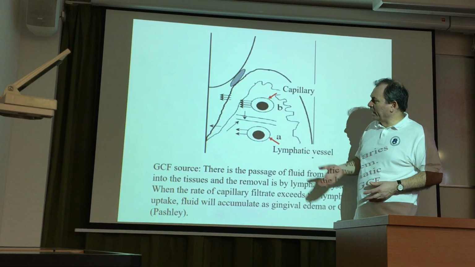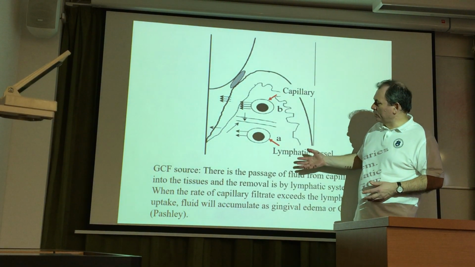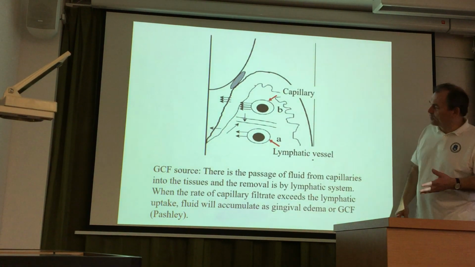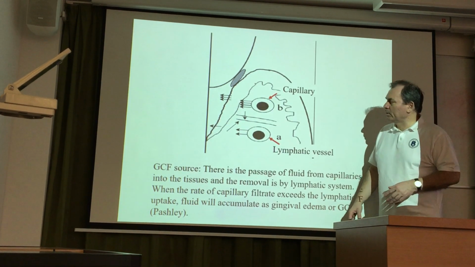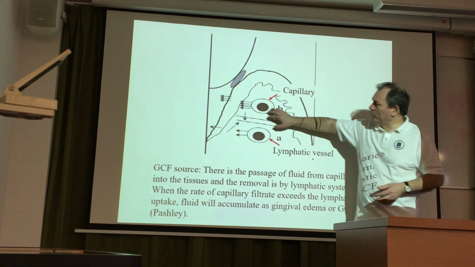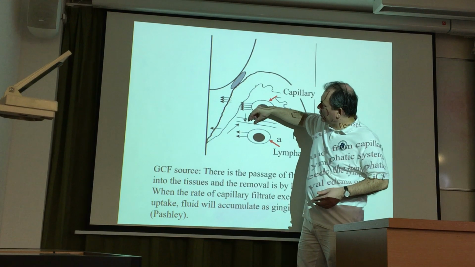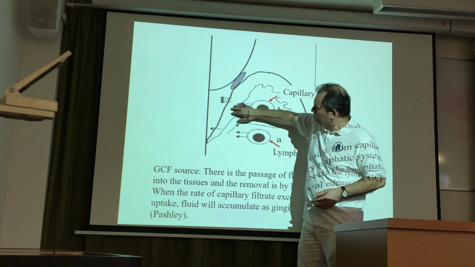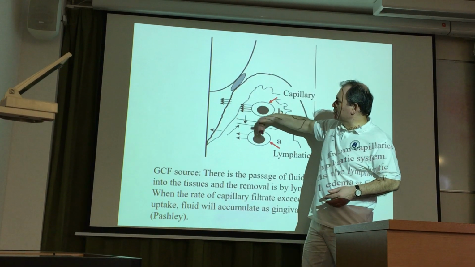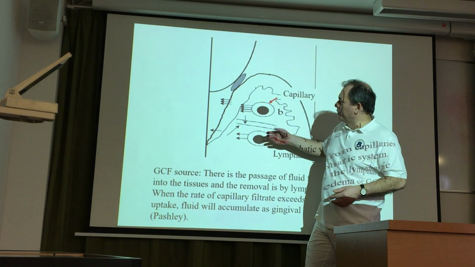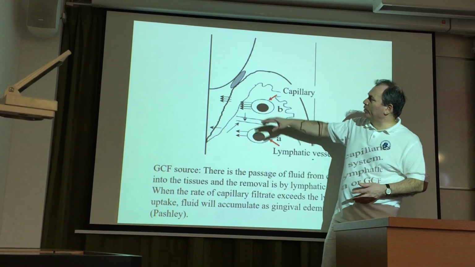But when you have an extra amount of fluid production, for example in inflammation, the lymphatic capacity is not enough to clear the area from the fluid, and this fluid will migrate through the extracellular tissue and through the epithelial lining to the sulcus, and will appear in the sulcus. So this is the reason why in inflammation the gingival crevicular fluid is increased.